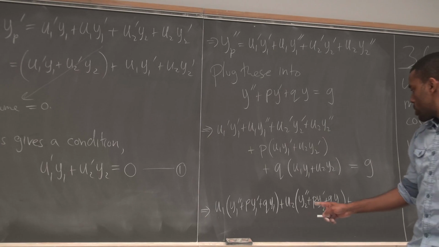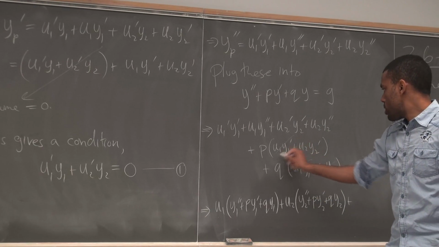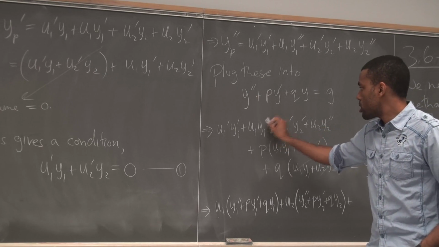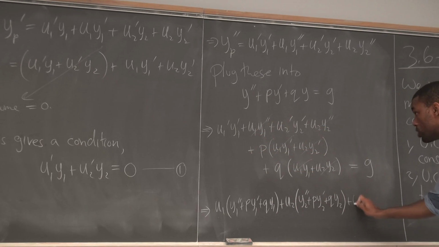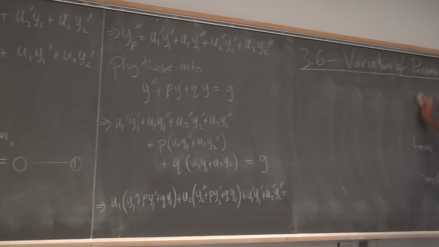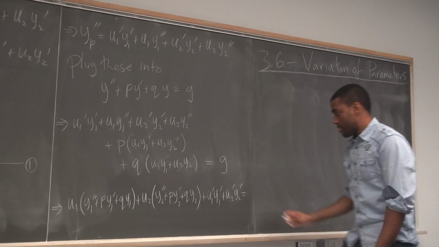So what do we get rid of? We got rid of this term. We got rid of this term. We got rid of these terms. So all we're left with is u1 prime y1 prime plus u2 prime y2 prime equals g. Don't worry, we'll see the light at the end of the tunnel soon.